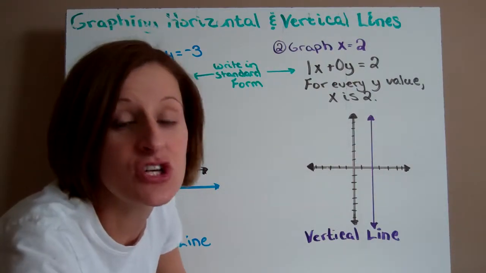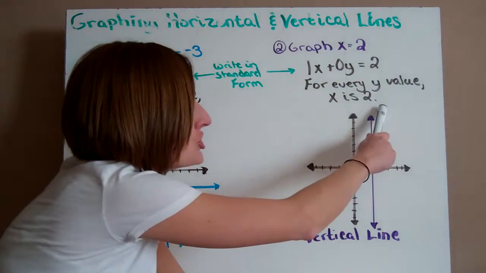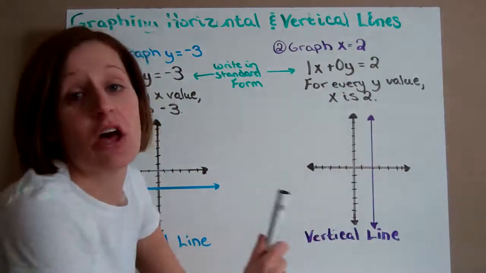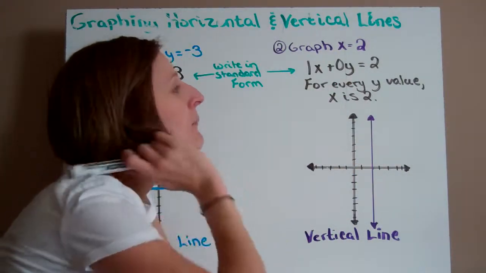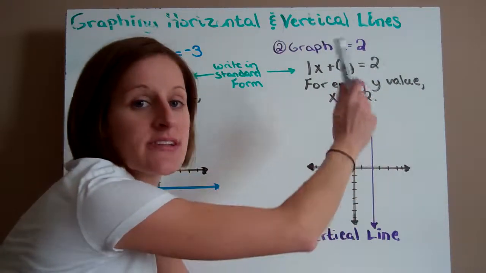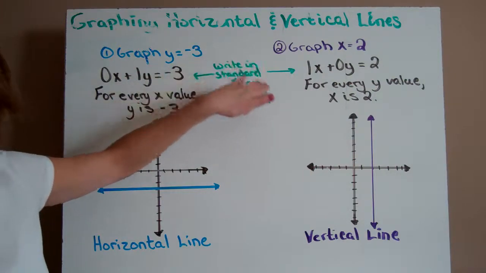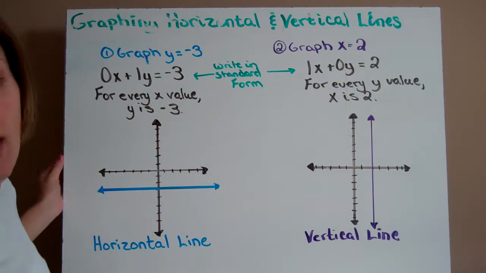So I plug in 2, I can get out anything for y. Now, you're going to do a vertical line on 2 right here. Remember, this is also not a function, if you remember your vertical line test. But if you have x equals, it's a vertical line where x equals. If you have y equals, that means it's a horizontal line on the y-axis wherever y equals.